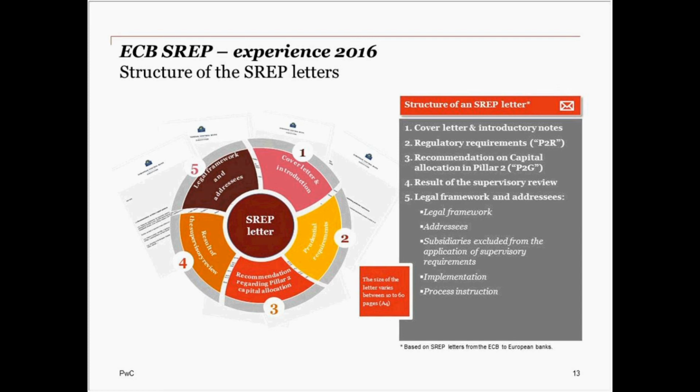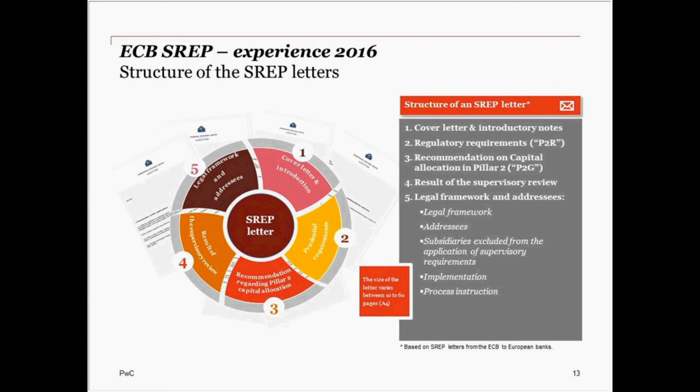Also, you would find a number of qualitative findings in each and every SREP letter. A number of them Ryan already mentioned for the ILAAP. Much of that is quite similar to what we see in the ICAAP. Usual findings the ECB would normally have would be findings around insufficient documentation, poor stress testing frameworks, poor reporting templates as assessed by the ECB, but also looking into the governance area.